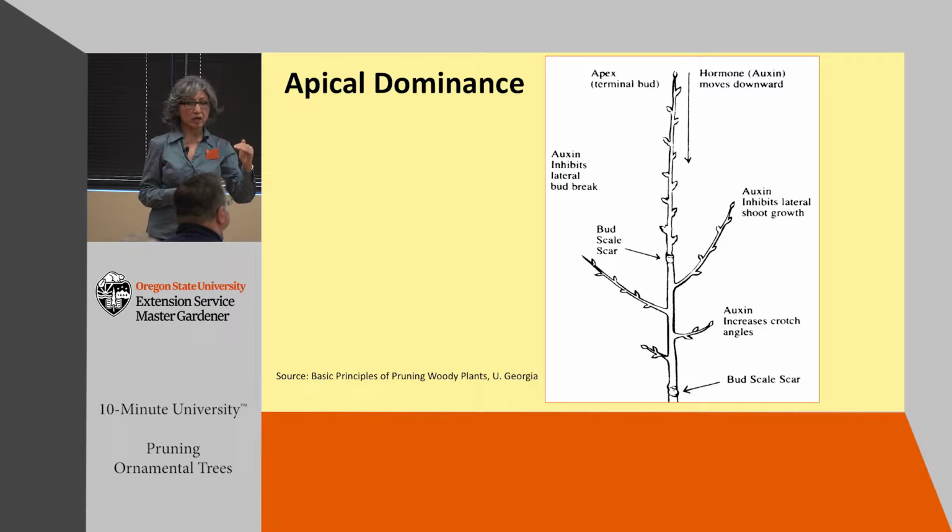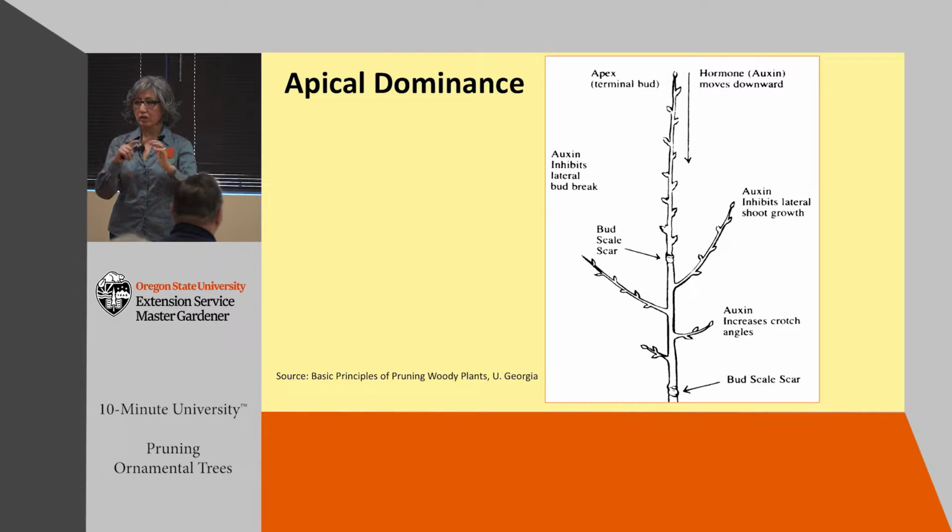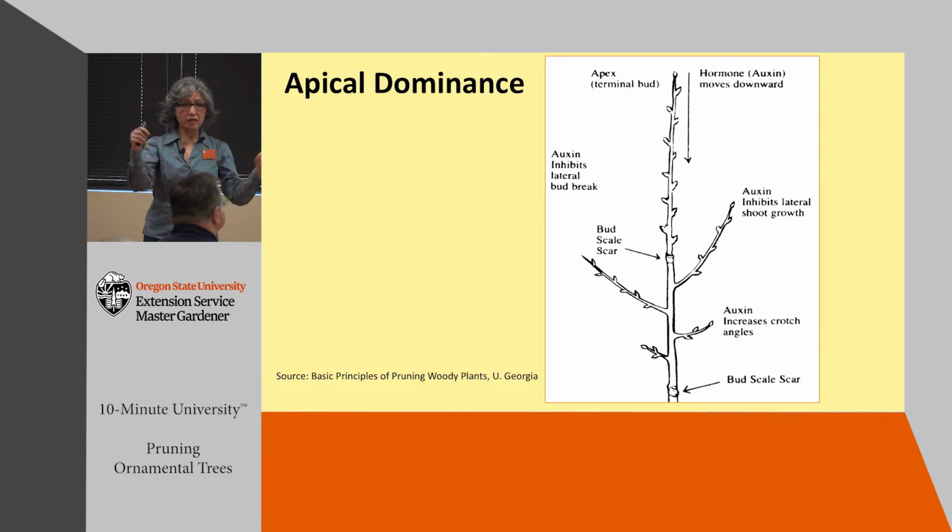Auxin flows by gravity, and its only job is to suppress growth of buds down below. So where auxin goes, nobody else is going to develop. And when auxin eventually runs out, so it's too weak because of the distance it has to travel, then branching, the new growth, will begin.